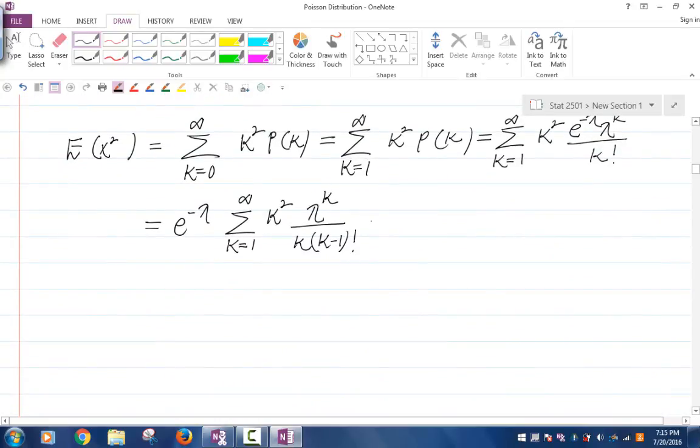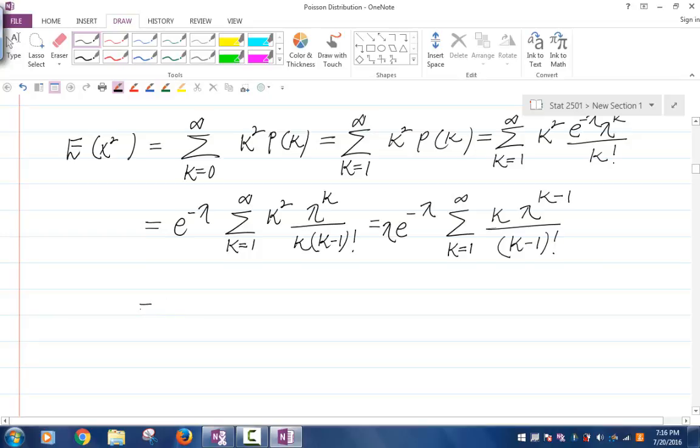Notice then we have e to the minus lambda, summation k going from 1 to infinity, k times lambda to the k over k minus 1 factorial. I'm going to factor out a lambda and then write lambda to the k minus 1 here.